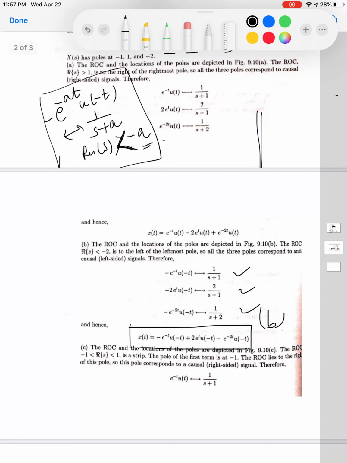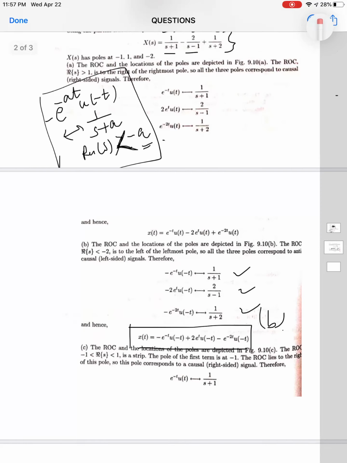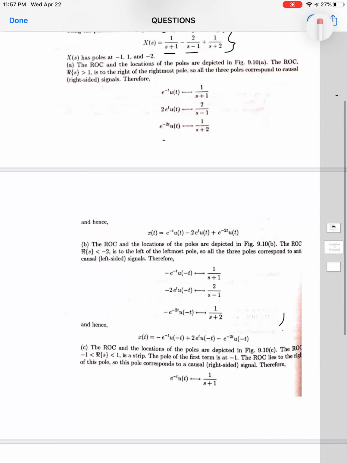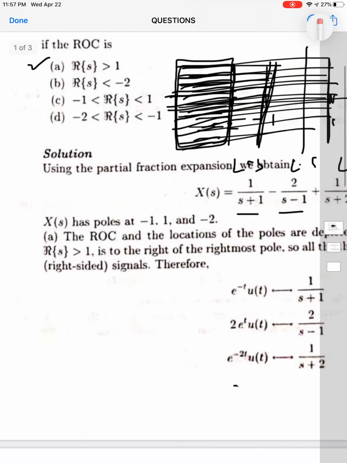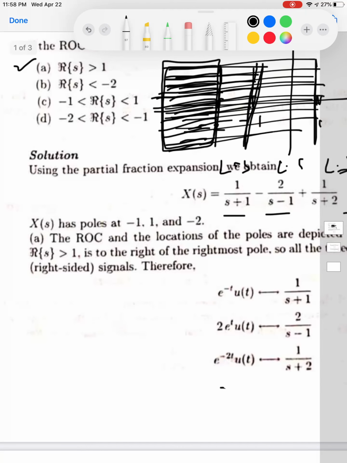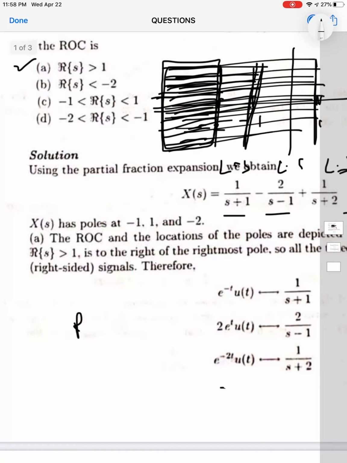Now consider the third part. For the third part, the given ROC is in between minus 1 and 1. So you can consider this as the C part.